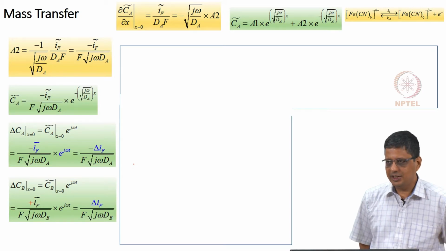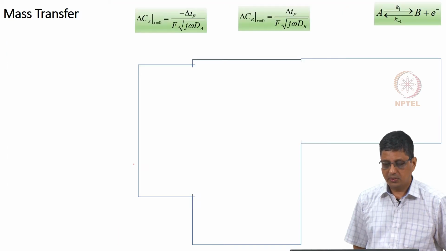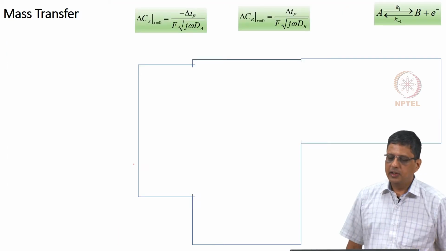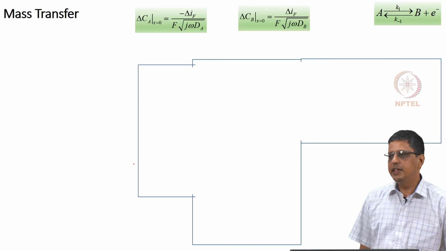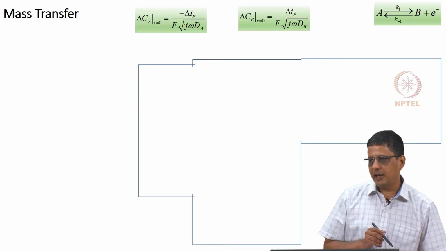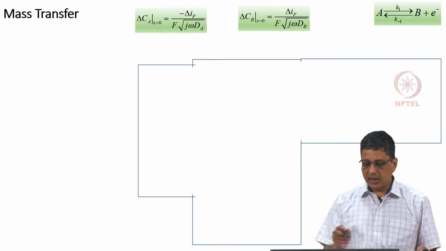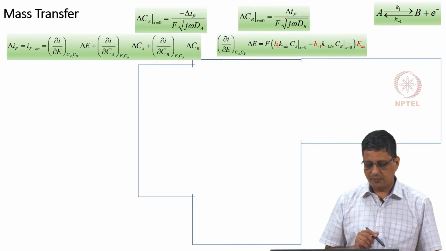We will not derive it, we will just say that this is the correct expression. So, del E is EAC, del CA is written in terms of del IF, del CB is also written in terms of del IF, and everything else is known to us.